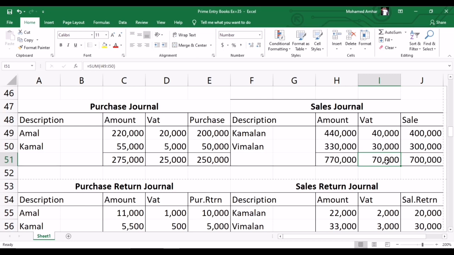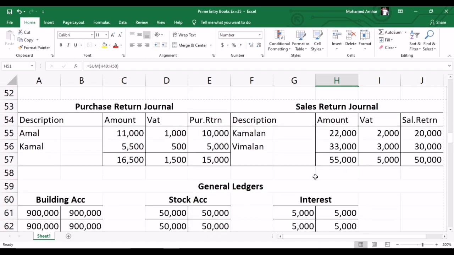Payable is a liability, so you have to credit the VAT account. So 700,000 and 70,000 should be credited. Then this 770,000 should be debited to the debtors account.